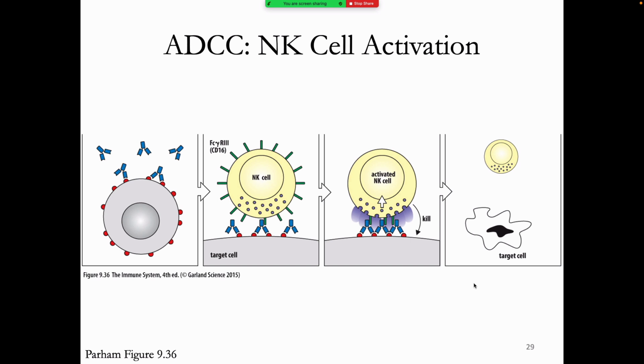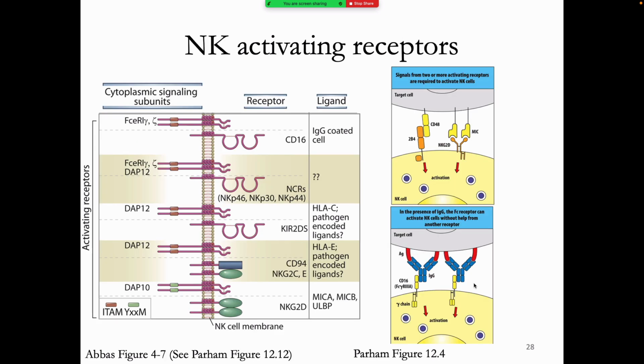The other NK receptor that I want to tell you about in a little bit of detail is one called NKG2D. You can also see NKG2D here. And you can see a structure of NKG2D here. NKG2D has some specific proteins that it binds to.